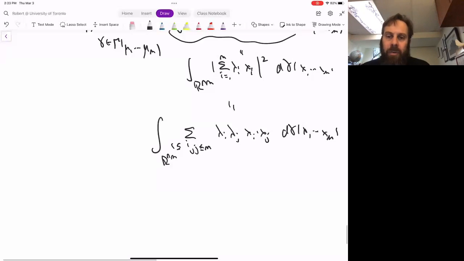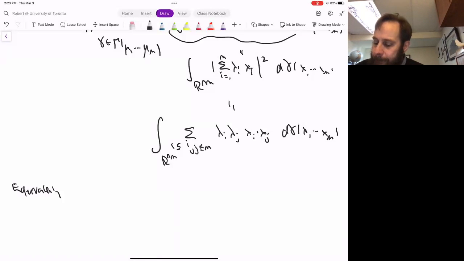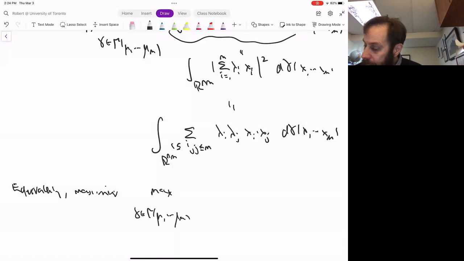And as usual, the xi squared terms only depend on the marginals. They don't depend on gamma. So it's also equivalently: maximize over gamma in the same set the integral over R^{nm} of the sum, let's say, i less than j, lambda_i lambda_j xi dot xj.